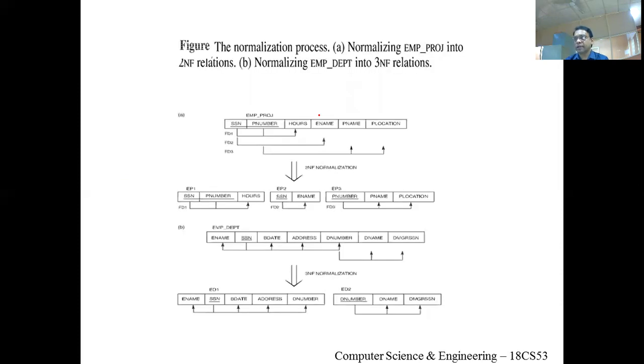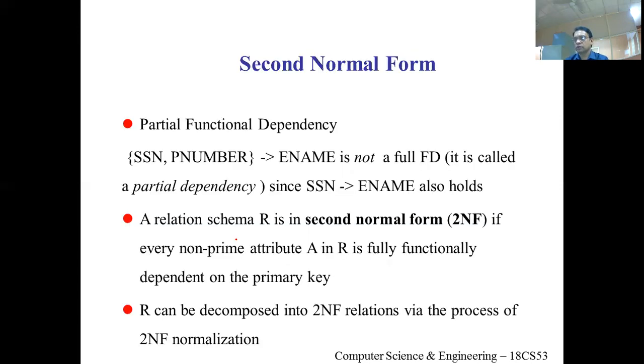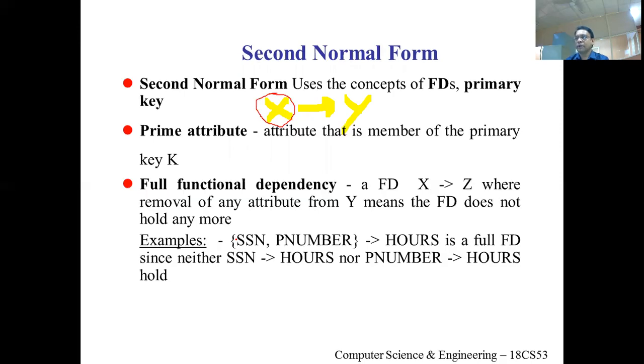For example, in the diagram, you can see here SSN and project number is a composite primary key. Since it is a primary key, it can determine hours, employee name, project name, and project location. If you consider the employee department relation, in this one SSN is the primary key. By default, SSN determines all the rest of the attributes in the relation. So that's about functional dependency.